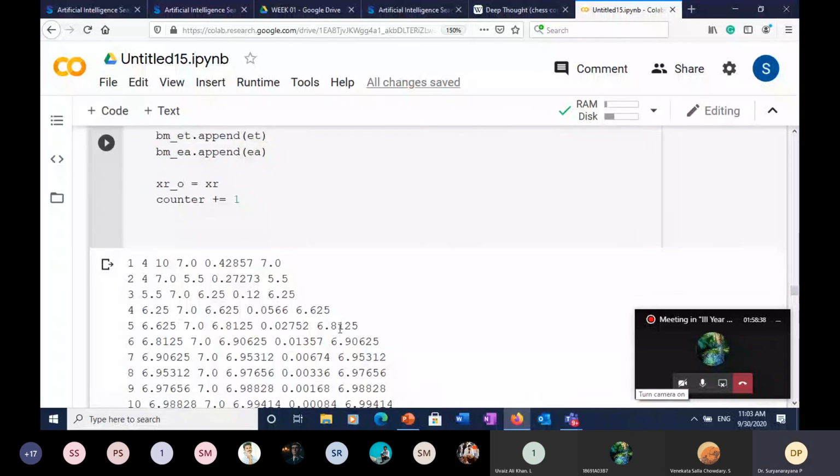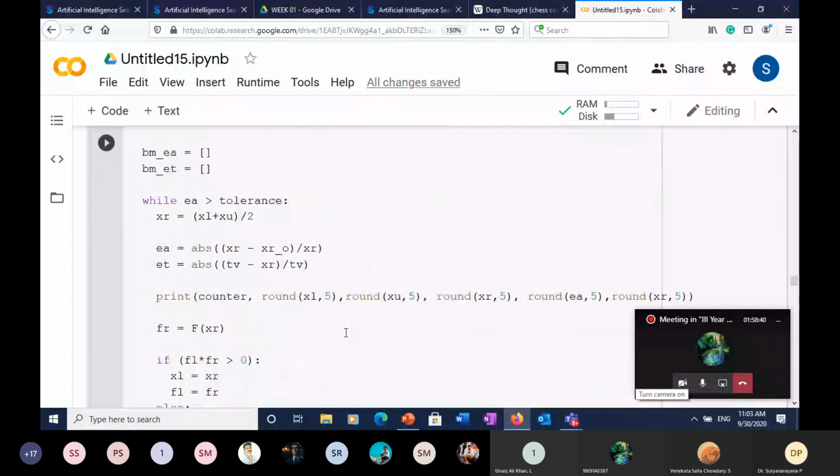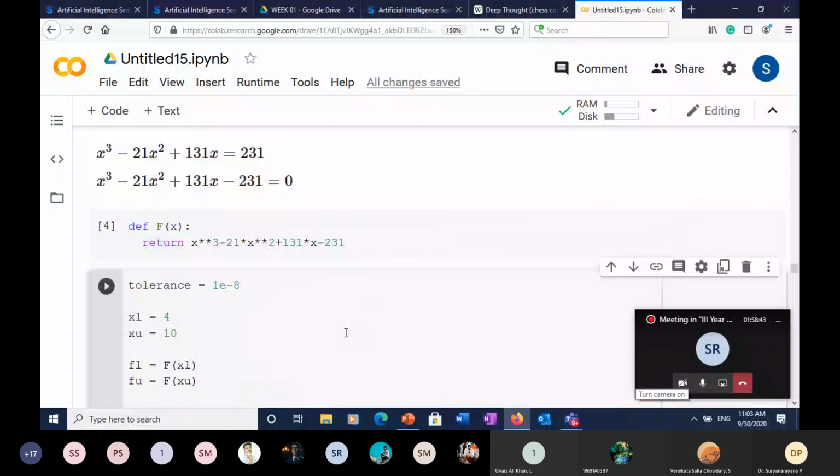Why is XR 7? That's a little problematic thing there. 3.5. Now I know.